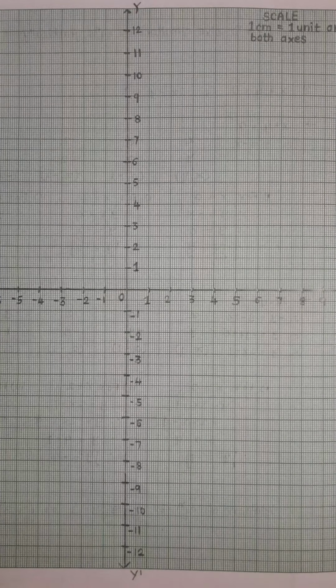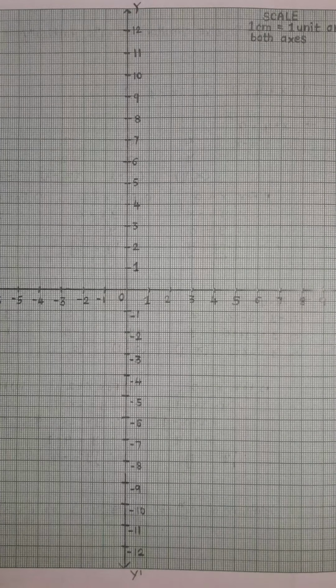Then write down our equation y is equal to x minus 4. Therefore y is equal to 0 minus 4, so y is equal to minus 4. That means when x is equal to 0, y is equal to minus 4. Therefore the ordered pair is (0, -4).